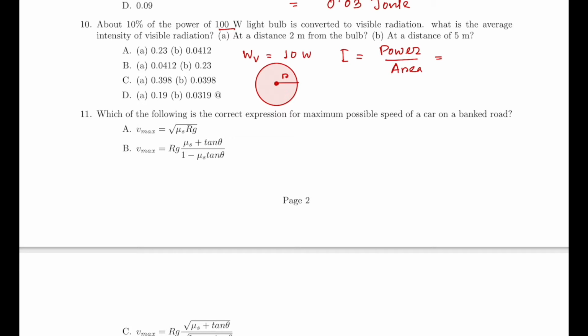So in this case this is 10 watt divided by 4 pi and 2 meter squared, and if you calculate this, you are going to get 0.23. So only one option is 0.23, for A, so option A is correct.